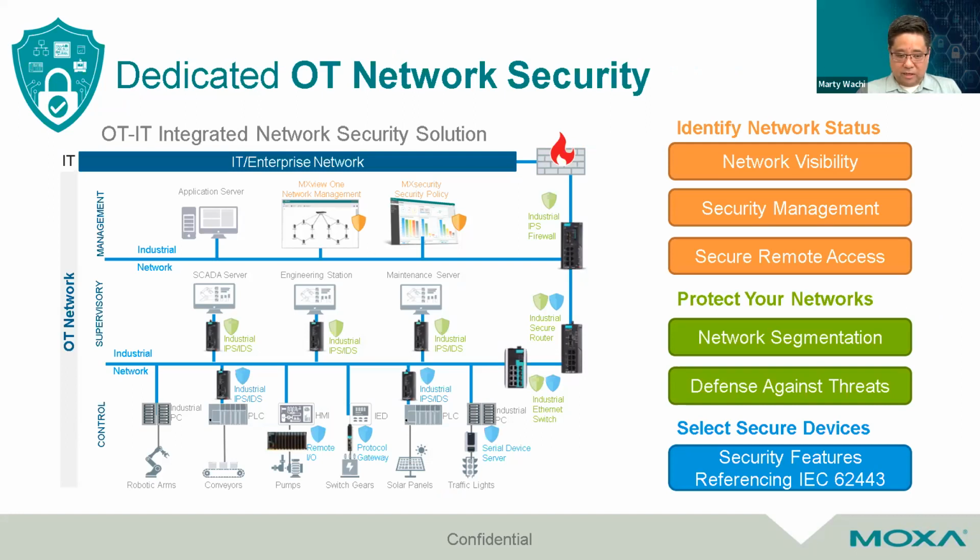So if we follow along these lines here, you can see that, again, we went over this last time as well, but it's worth repeating. On the edge of the network where your OT devices connect, that's where we have a lot of our products, as well as some of the security networking devices that we've talked about. As you move up into the green sections, that's where we can start to segment the network and defend against threats.